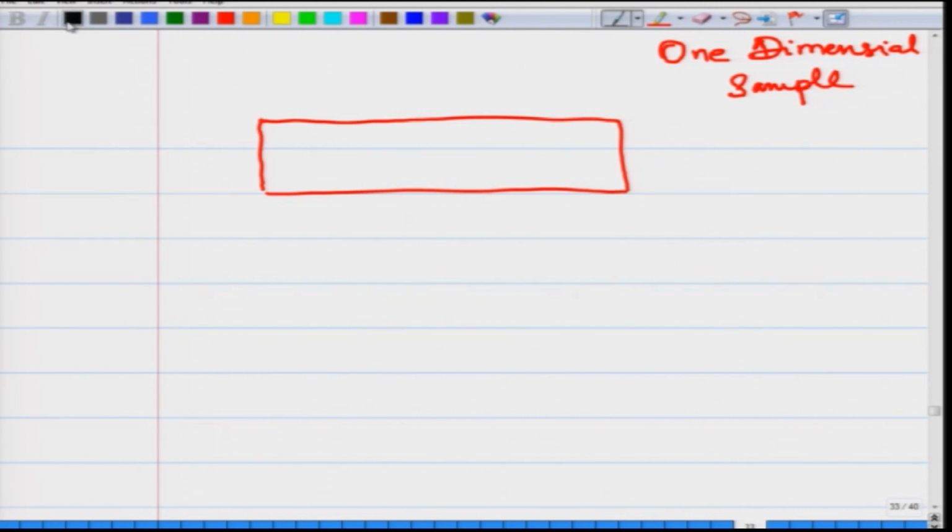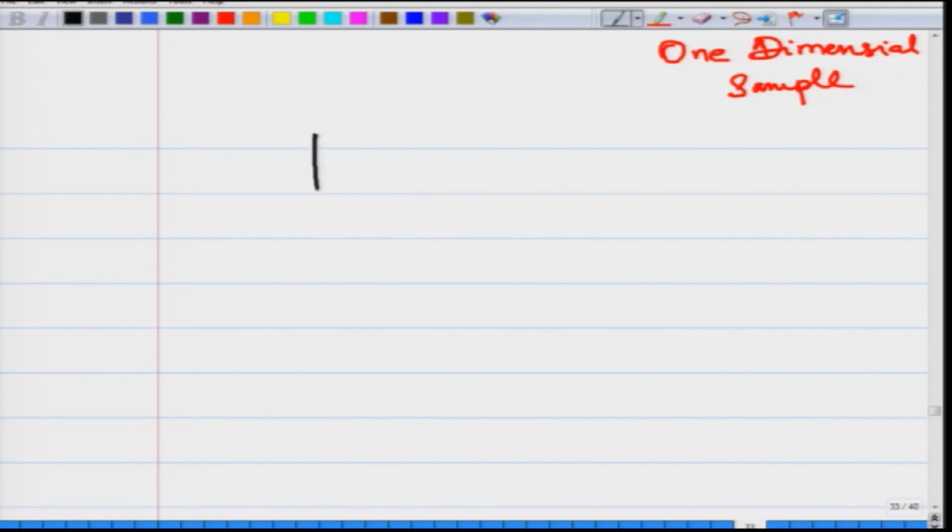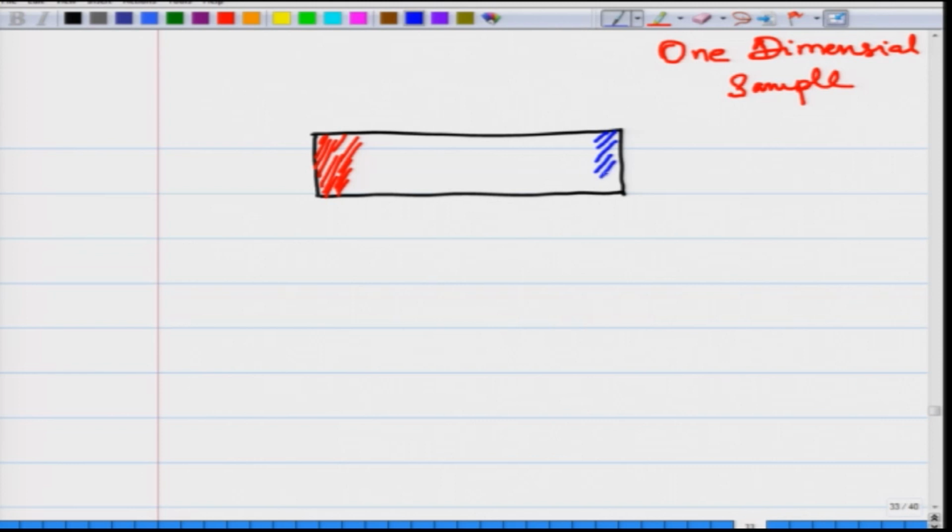So, for this one dimensional sample, we first take this sample and we have a hot end, which is what I am shading in red, and you have a cold end, which is what I am shading in blue. Okay.